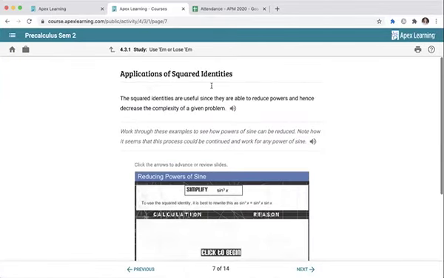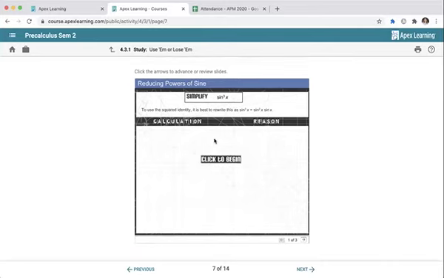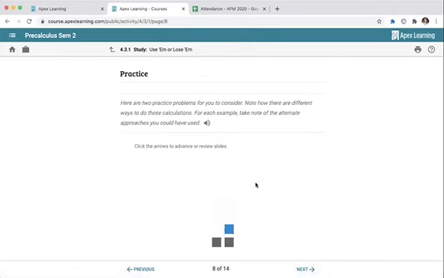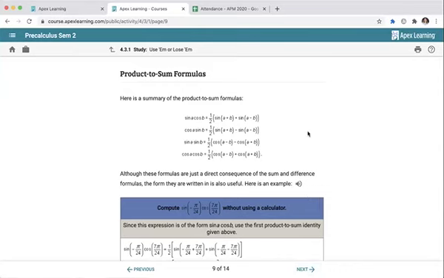Then we have this in terms of our squared identities. For the sake of time and for your practice, I'm going to let you do this one. Basically, you're going to keep reducing, and you're going to look at the different properties here and how we get to them, so that we can come here and do these practice problems.